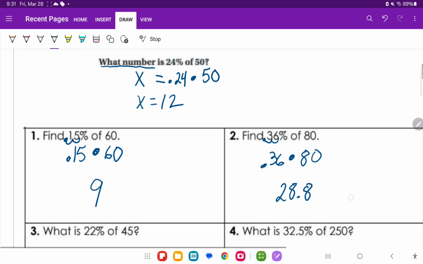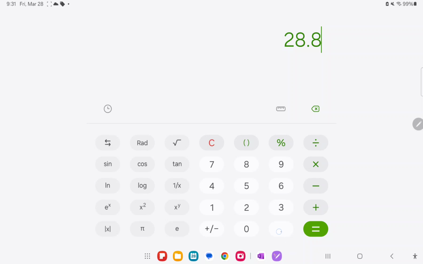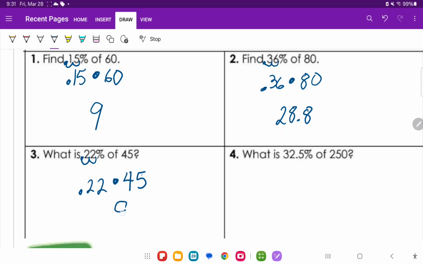And then on number 3, move this over 2 places. So we have 0.22 times 45, that is 9.9.